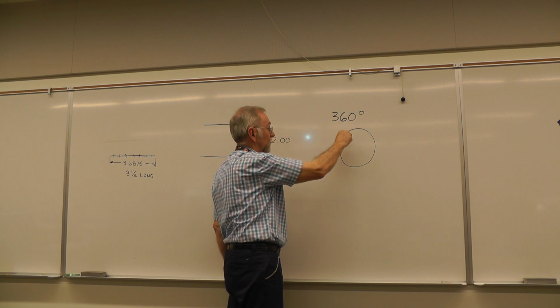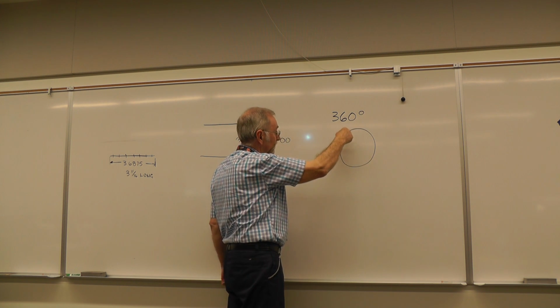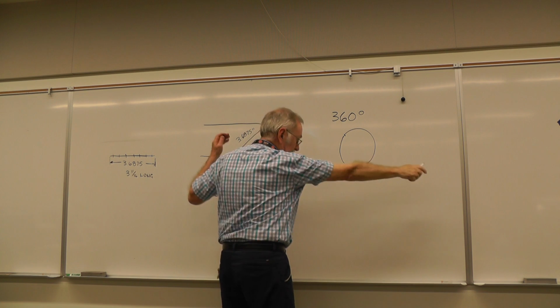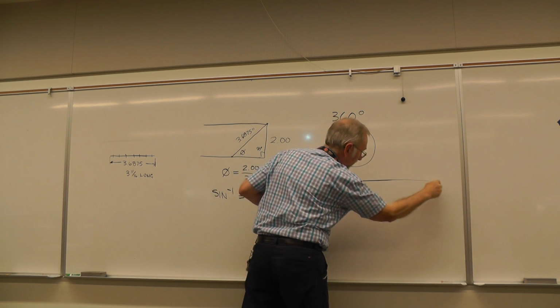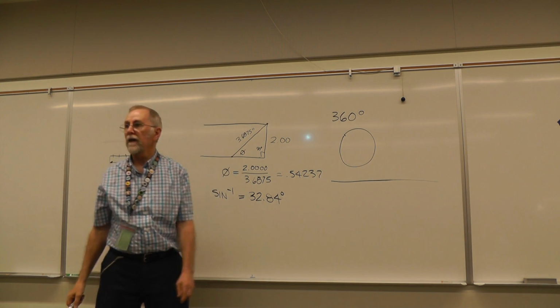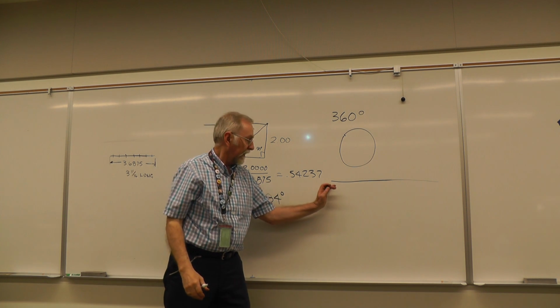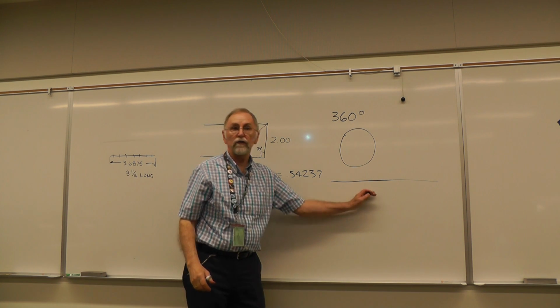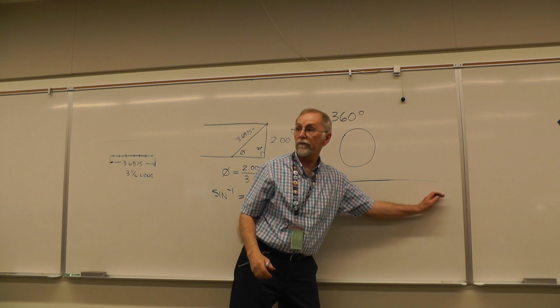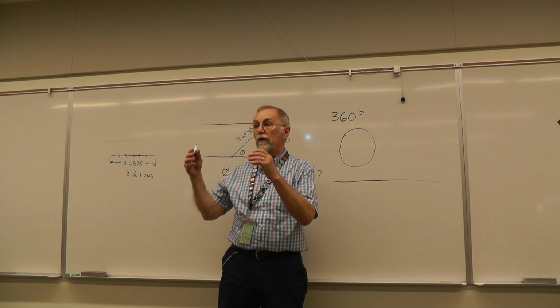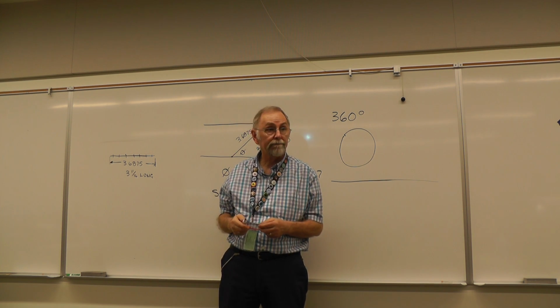So if I measured around here, 12 inches, and straightened it out, I'd have a line that's 12 inches long. I need to know how many inches along that circumference equates to 360 degrees.